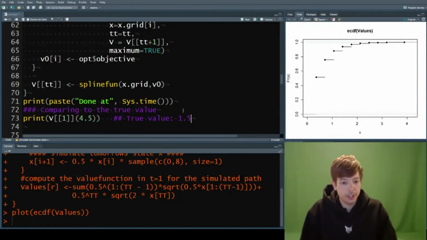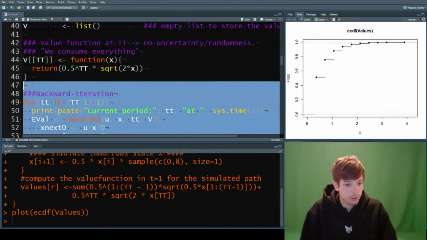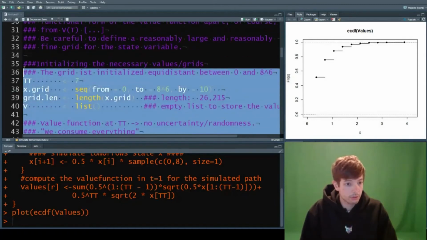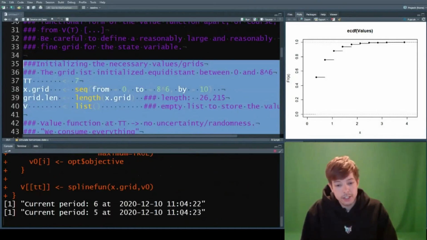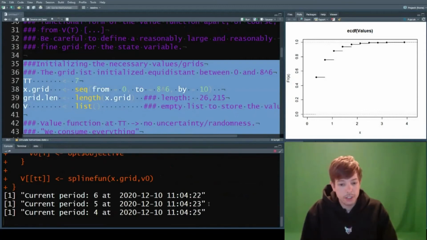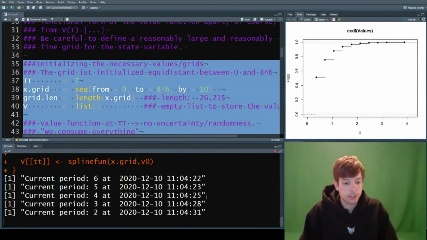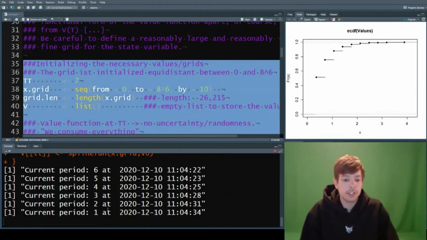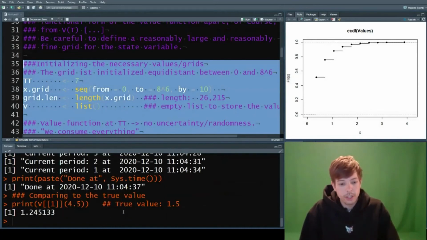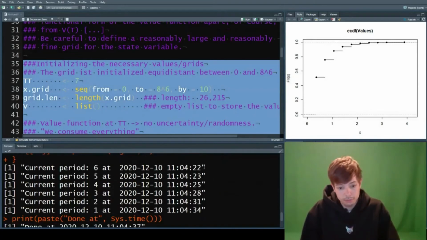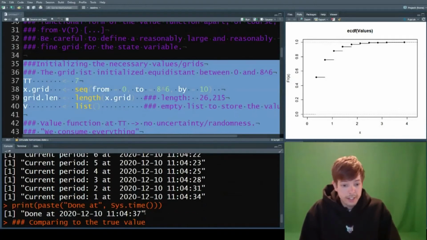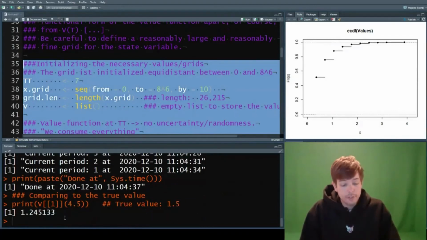We can run this whole thing, and I'll just copy and paste everything to run all this. And you can see that it started at some time, then it takes a couple of seconds to run through all the periods, because our grid is rather large. And what we get after 15 seconds of computation is a value of 1.25 roughly, where the true value is actually 1.5.